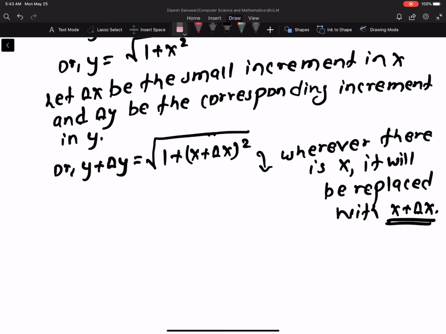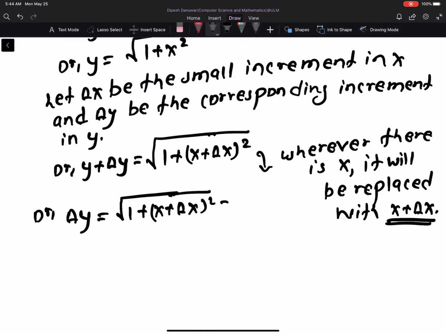Now take y to the other side: delta y is equal to root under 1 plus (x plus delta x) whole square minus y.